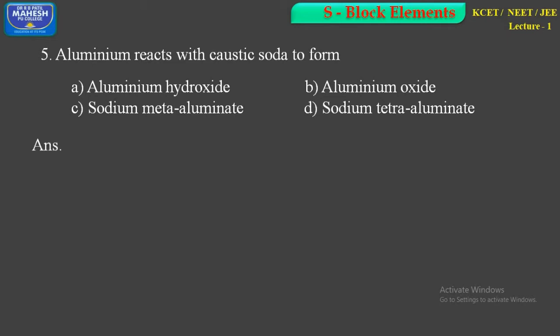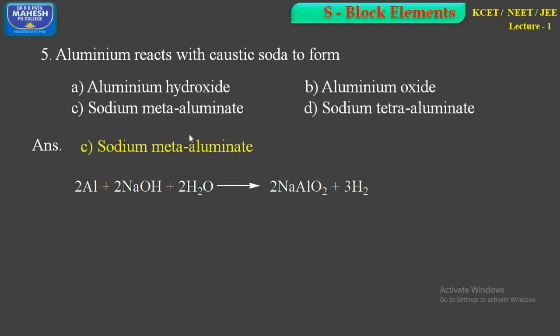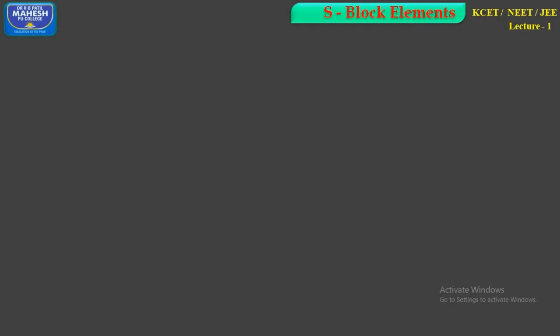In this case, students, aluminium reacts with sodium hydroxide in presence of water to form sodium meta-aluminate, that is NaAlO2, along with hydrogen. So the right answer is option C, sodium meta-aluminate. Moving to the next question.